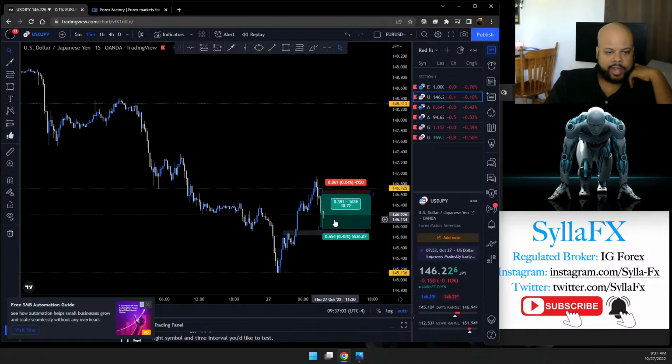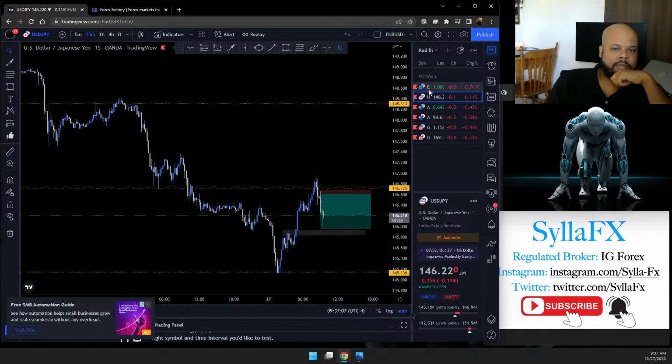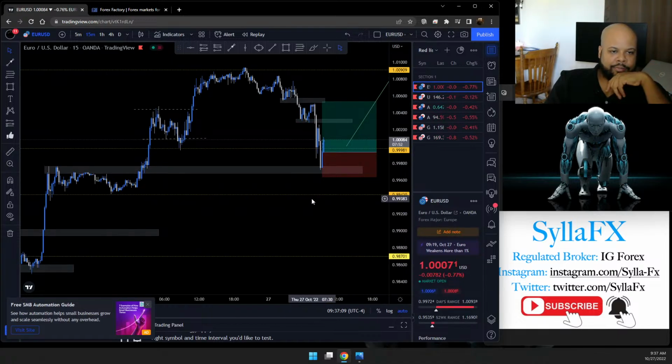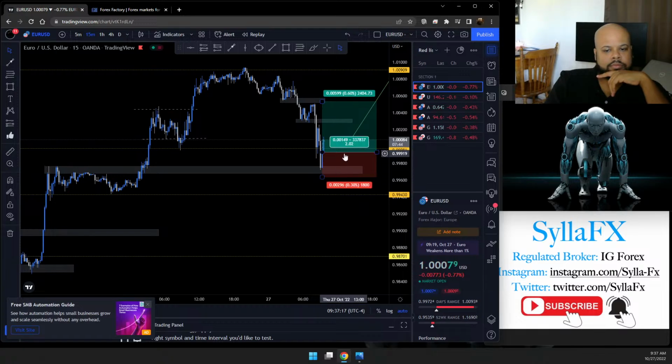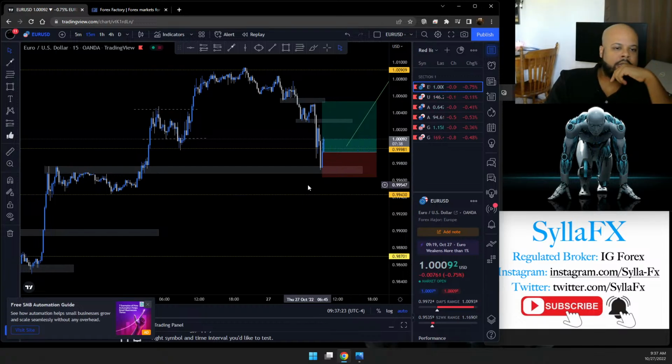We're still halfway in profit there. Break even is already set on the other one, but the euro dollar I want to move to break even just to mitigate the risk on that one. Maybe wait until the close of this candle, then I'll move it from there.